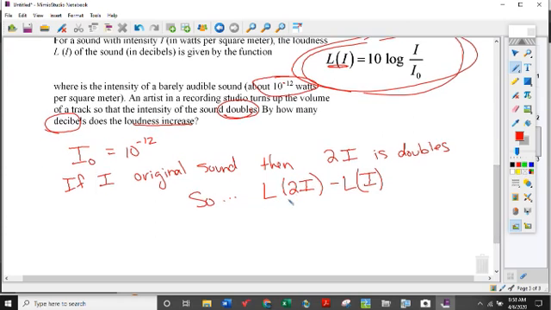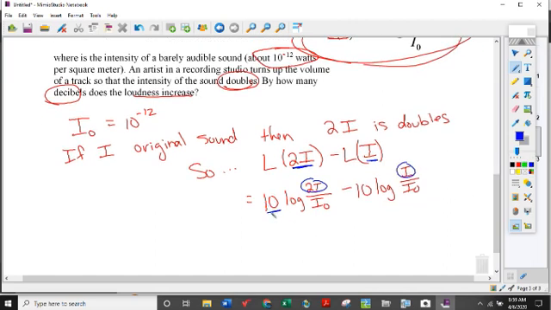You take the loudness of the doubled sound minus the loudness of the original sound. So that means 10, and notice I'm not actually plugging anything in on these. Sometimes you will need to do that, but so all I did was replace in the formula this one on the numerator, okay?